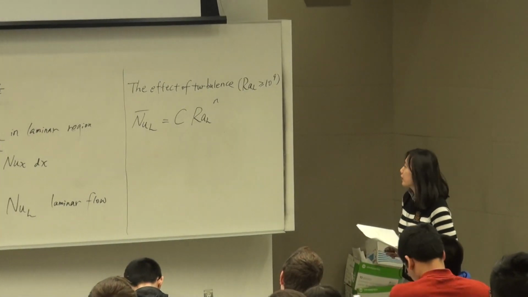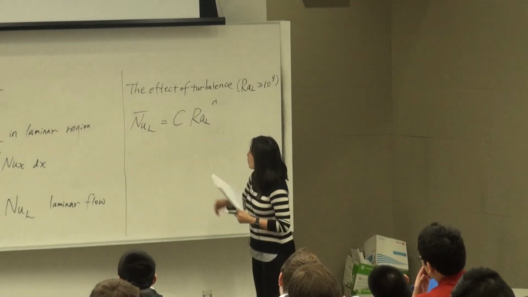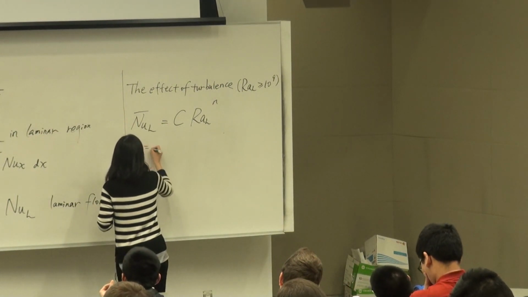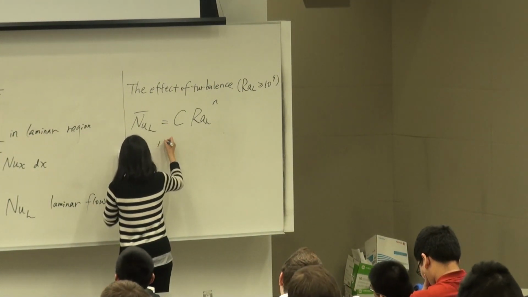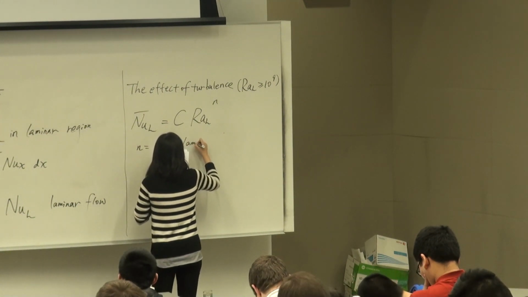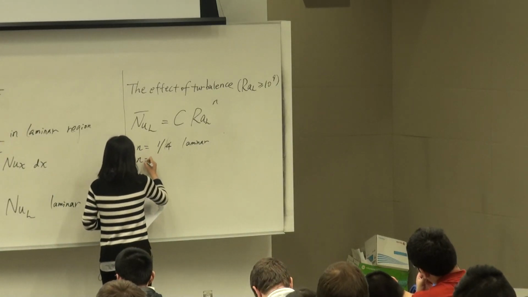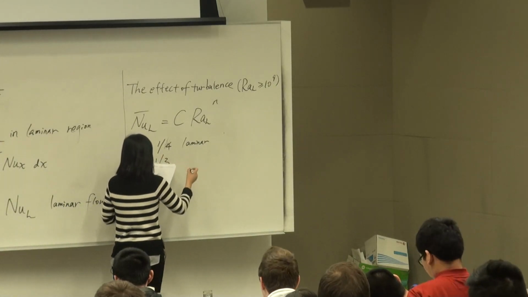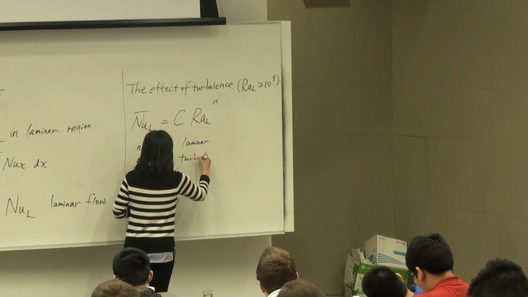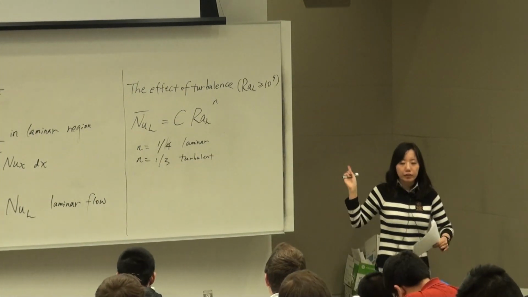For laminar, as we just derived, the exponent is a quarter, and based on experiment, it is a third for turbulent, and we will see those exponents very often in many experimental correlations.